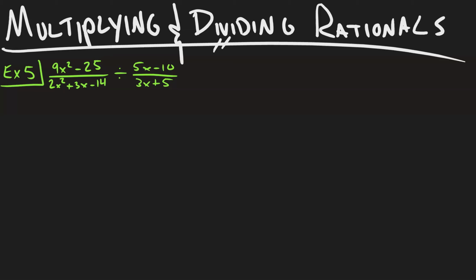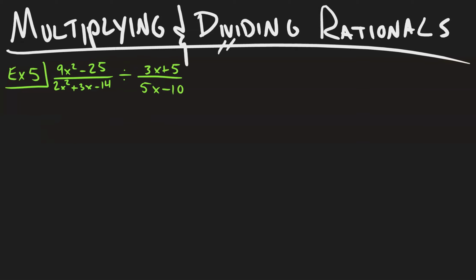Here we go with example number 5 now. So our first fraction can be factored. Now we have a difference of squares in our numerator, so we're going to get 3x plus 5 times 3x minus 5. Alright, so on to our next division example.